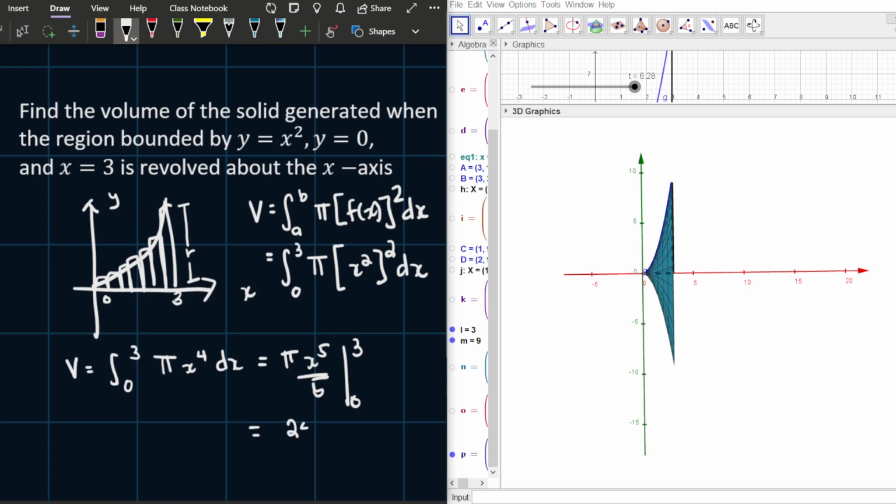That is 243 over 5 pi. Since this is volume, ang unit of measure natin would be cubic units. Okay, so hopefully clear ang ating first example.